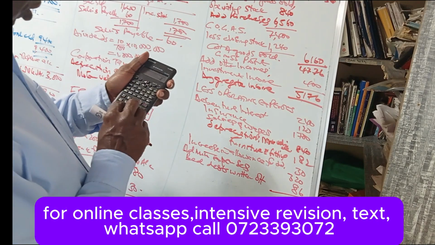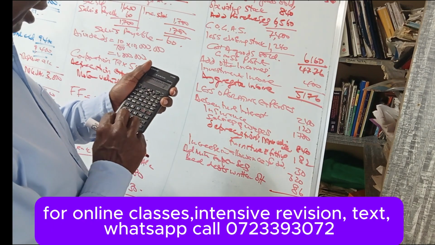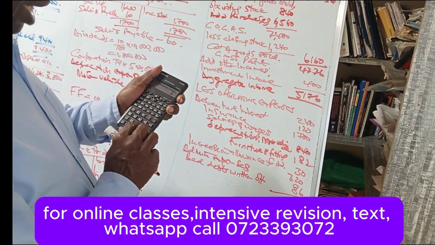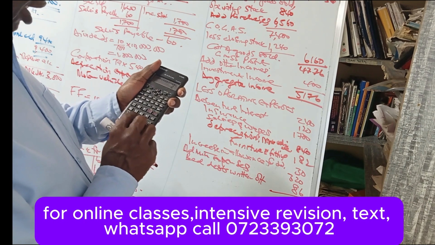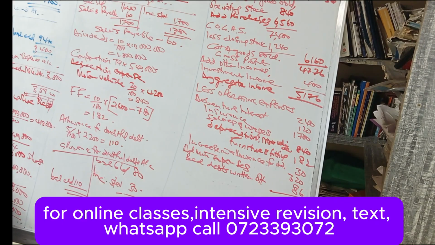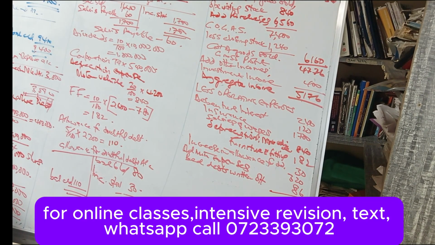We add them up: 240 plus 120 plus 1700 plus 840 plus 182 plus 30 plus 320 plus 86. We have missed something.